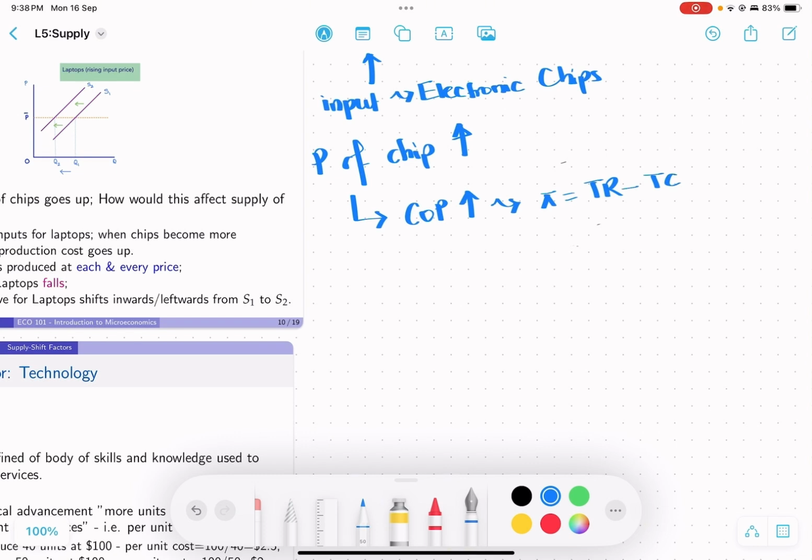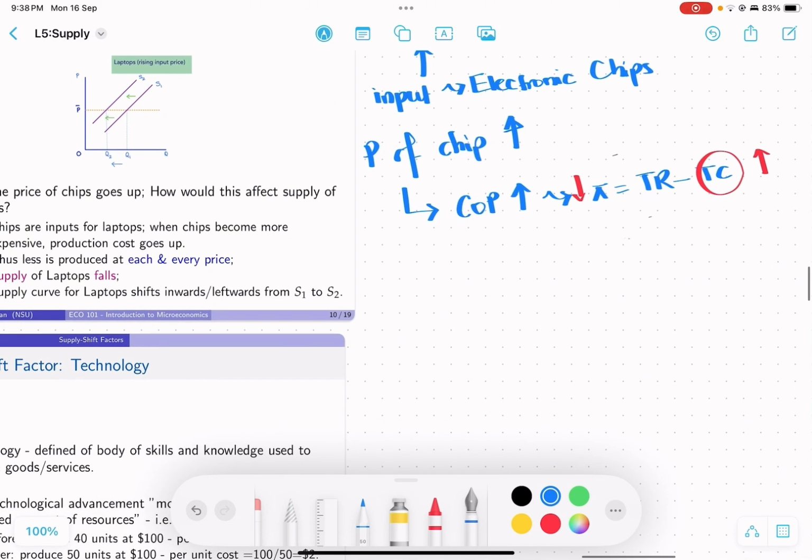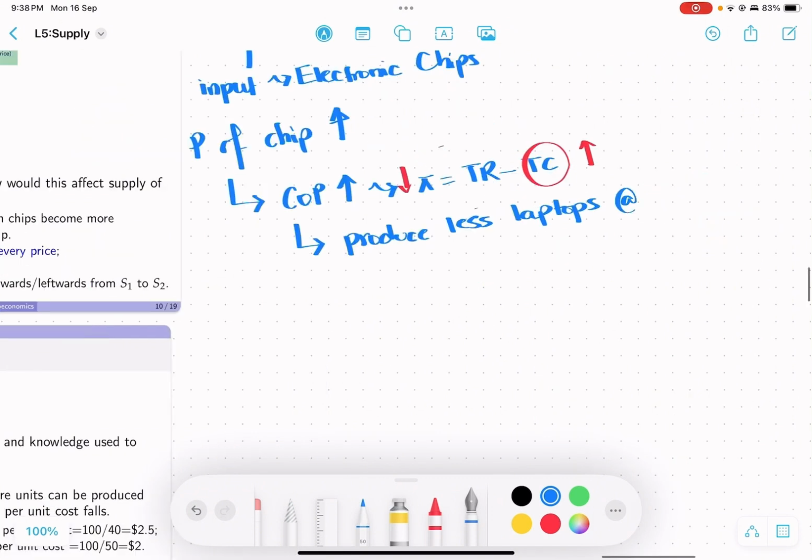So when I say the cost of production is going to go up, this means that the profit is going to go down. For this firm, when the profit goes down, it is going to produce fewer laptops at each and every price. Whatever the market price is, the firm is now going to produce fewer laptops just because it's more costly to produce them.